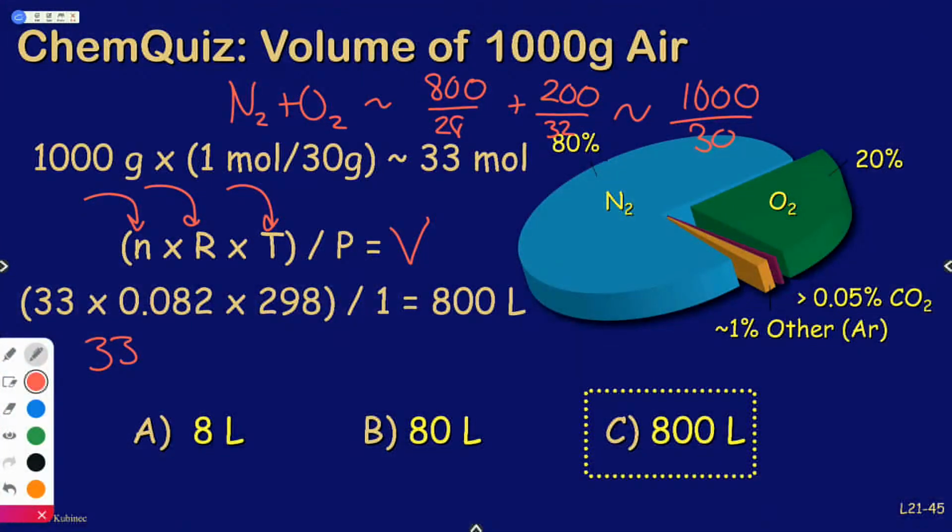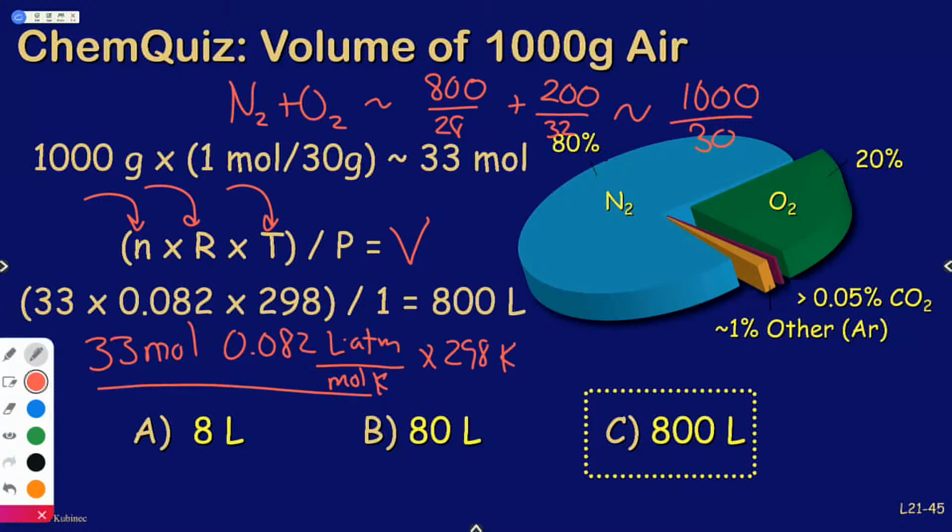So 33 moles, and I'm going to put R in there, 0.082, and put the units of R, liter times atmosphere per mole Kelvin. Get those units in there times 298 Kelvin. Everything divided by 1 atmosphere of pressure.